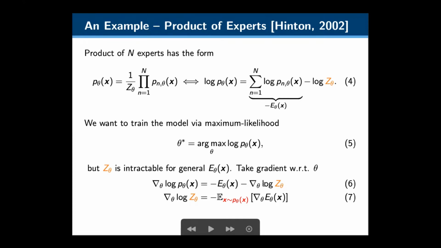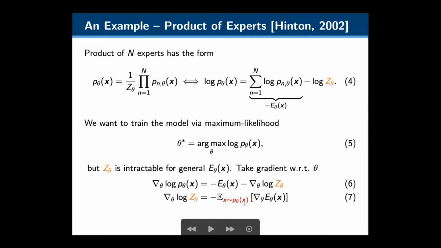If we write this out further, this second term, the gradient of the log partition function, is equal to this expectation. The term in the expectation is tractably evaluated because it's just the gradient of the energy function, which is stated here. But unfortunately, we need to sample from the model distribution P of theta.